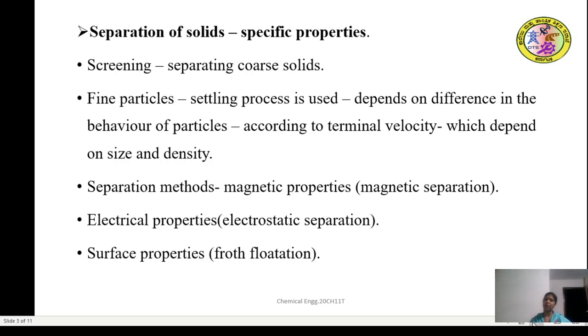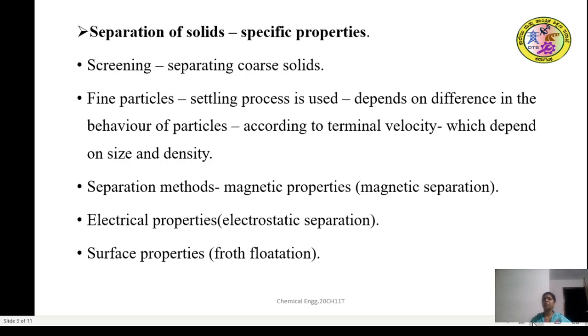The settling of particles, whether fine or coarse, will vary from particle to particle based on their behavior. It depends on the terminal velocity and also the size and density of the particle.